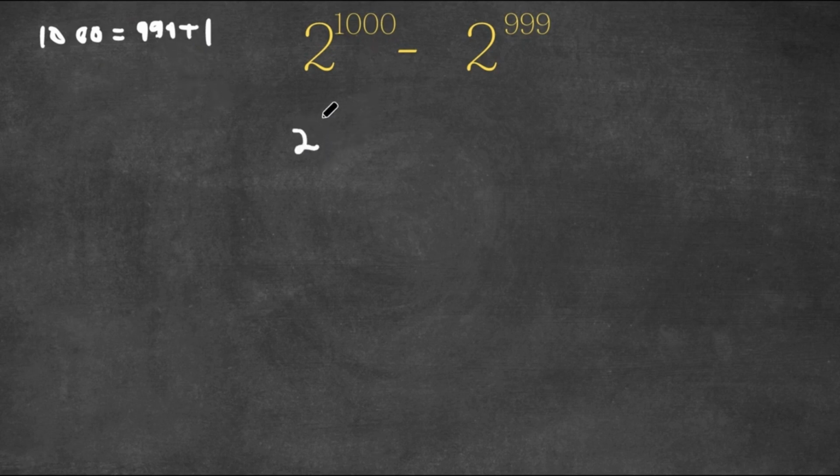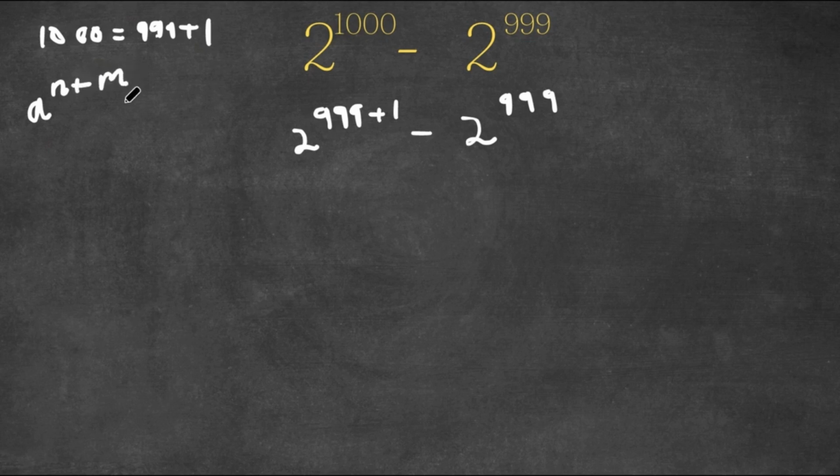So now we have 2 to the power of 999 plus 1 minus 2 to the power of 999. Now, if we have something in the form a to the power of n plus m, this is equal to a to the power of n times a to the power of m.